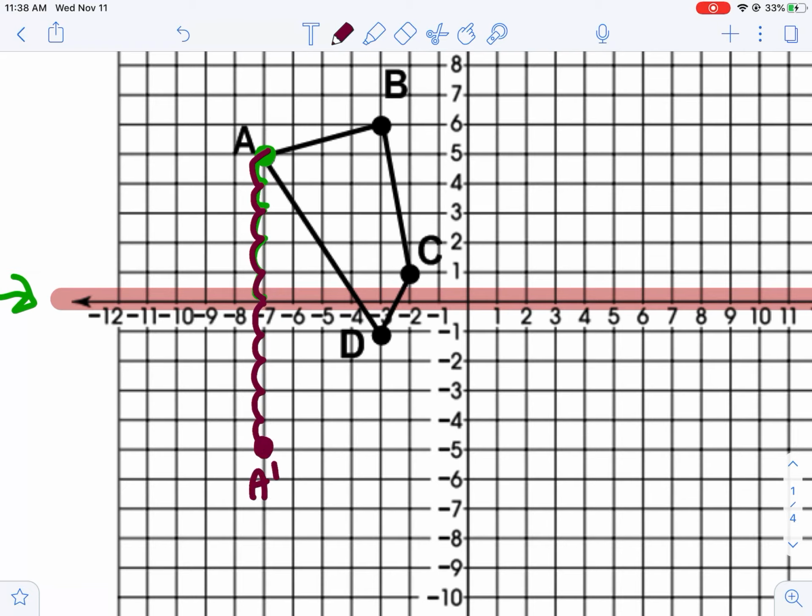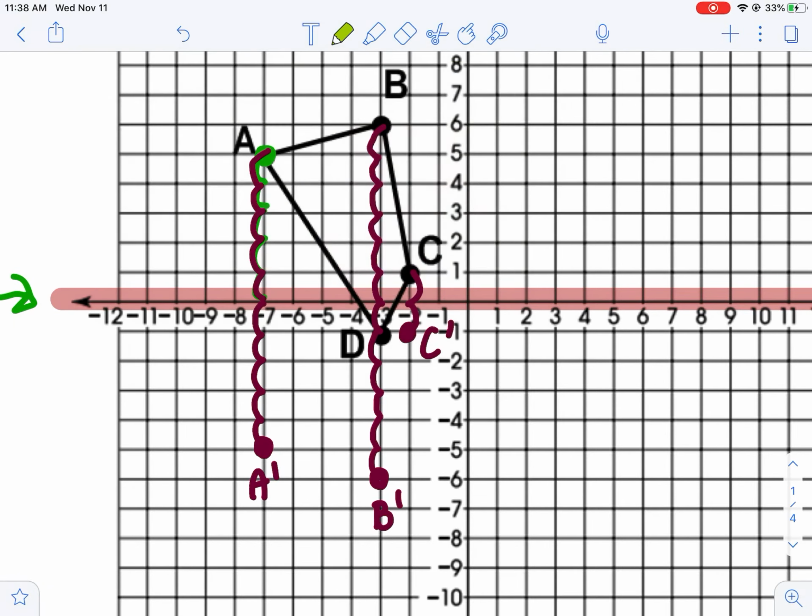There's A prime. Okay? I'm going to do the same for B. I count from the x-axis 1, 2, 3, 4, 5, 6. So I'm going to count 6 in the opposite direction. 1, 2, 3, 4, 5, 6. There's B prime. And C is just 1 away from the x-axis, so I'm going to go 1 away in the opposite direction. There's C prime.